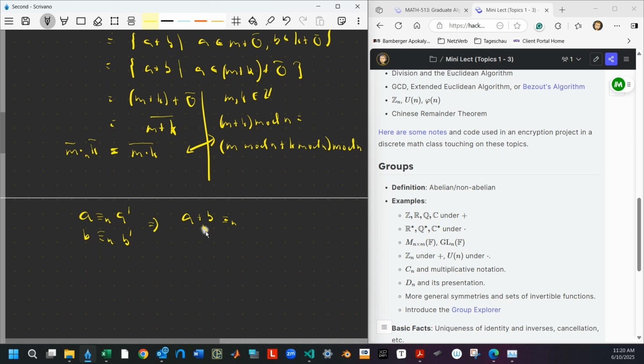So this is not a plus in here, just A plus B is equivalent to A prime plus B prime. Right, so that's what you got there. And then same with multiplication. AB is equivalent mod n to A prime B prime, right? So this was the thing you actually proved.